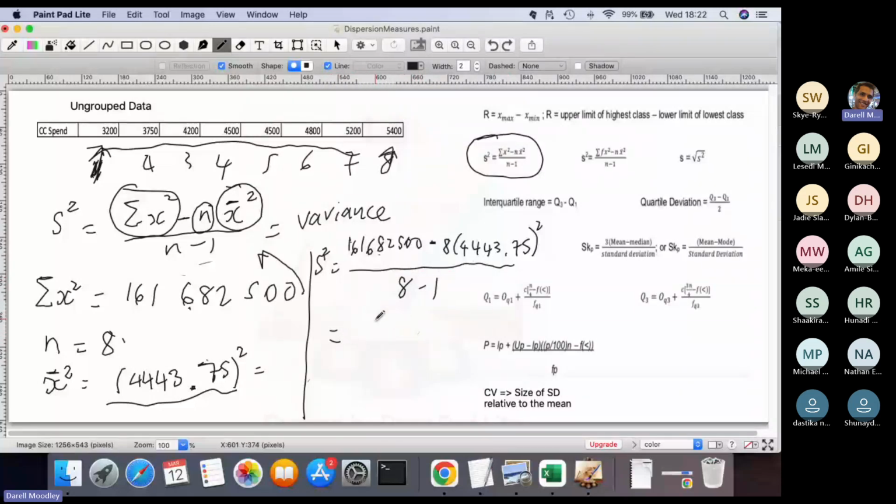And if you work that out and put it into your calculator, you will get a value of 529,000. I'll write the number out to you.